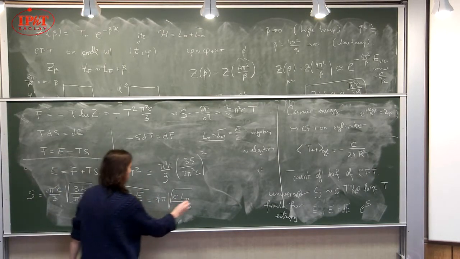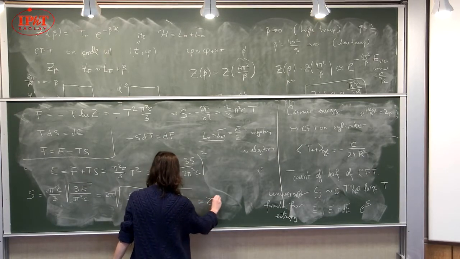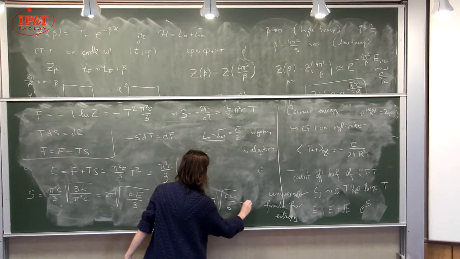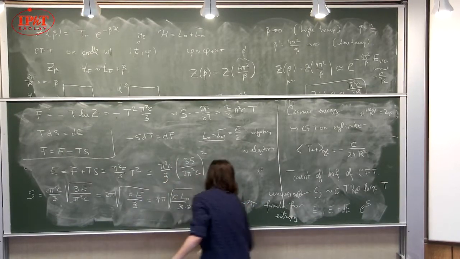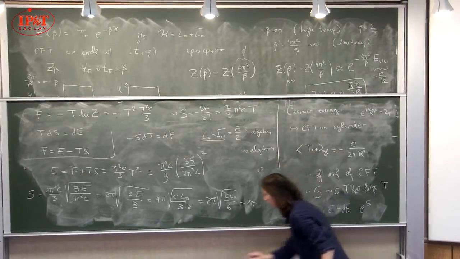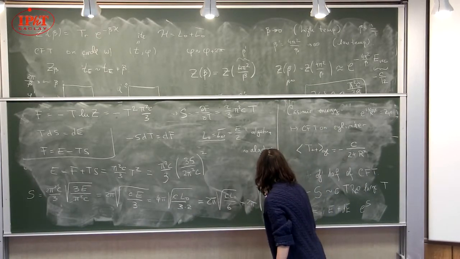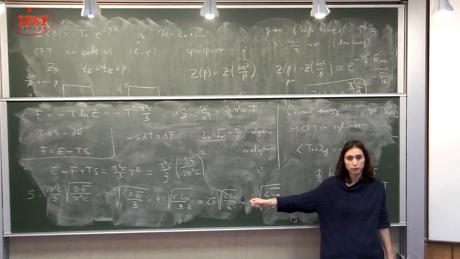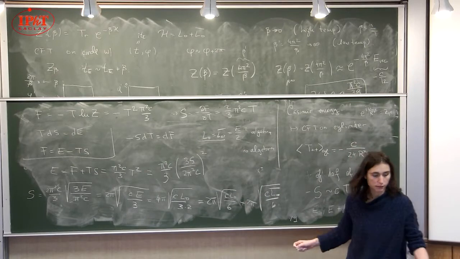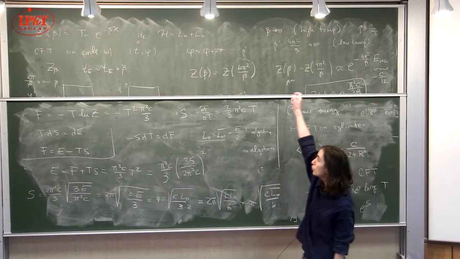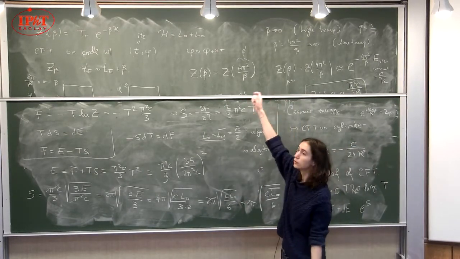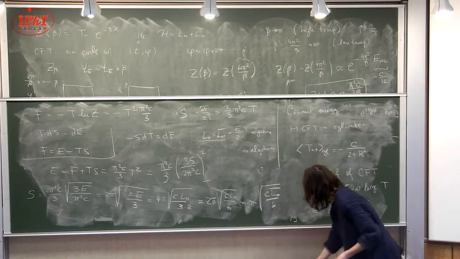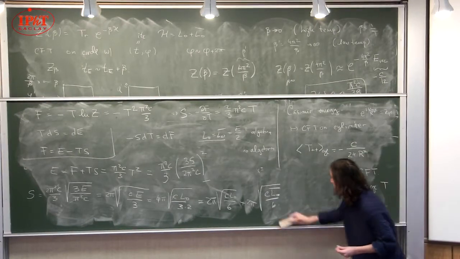I'm going to suggestively write this as 2 pi square root of c L0 over 6 plus 2 pi square root of c L0 bar over 6, but in my case, L0 bar equals L0. And the reason that I decided to write it this way is because had I done the full analysis, including angular momentum, so L0 bar different from L0, this would have been the formula for the entropy that I would have obtained.